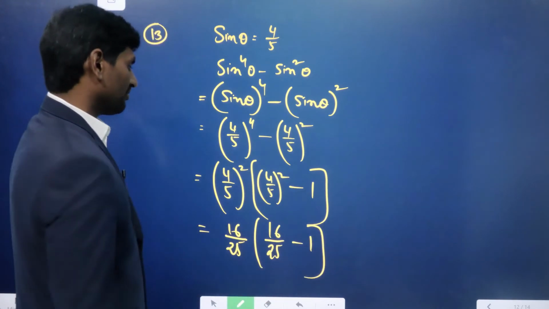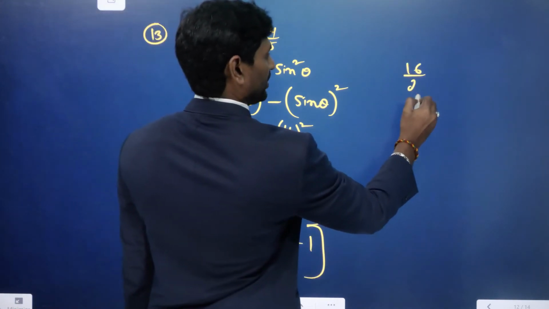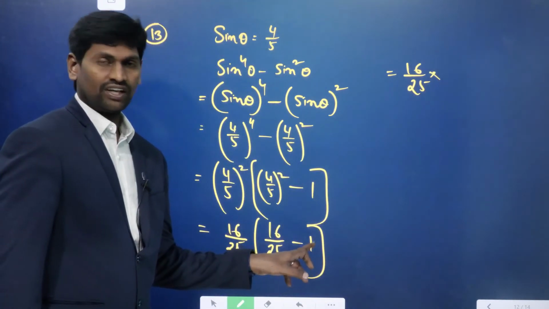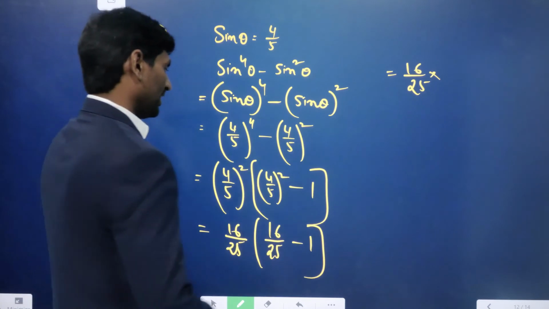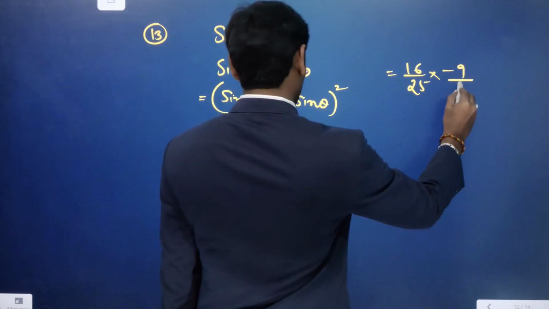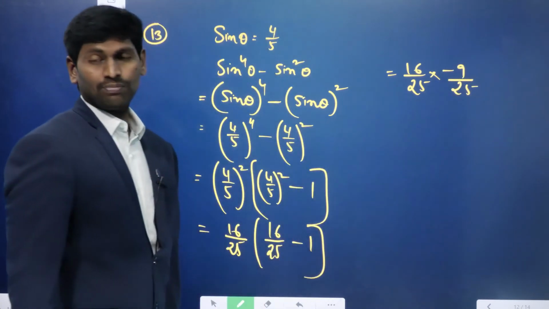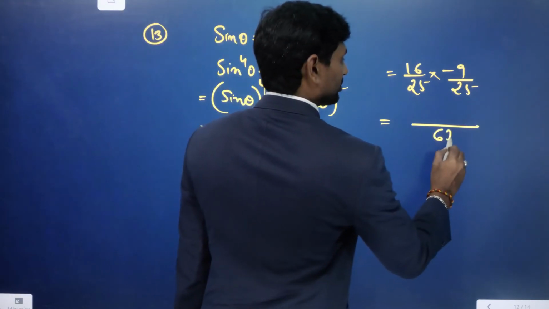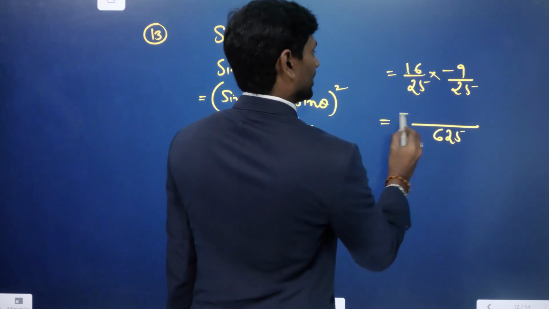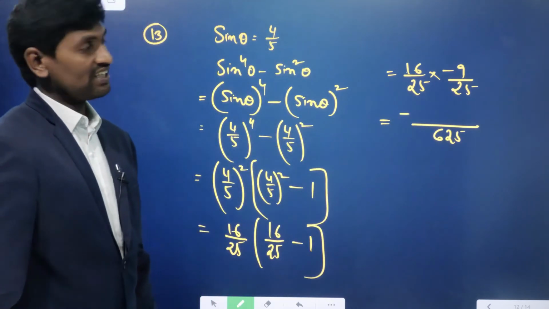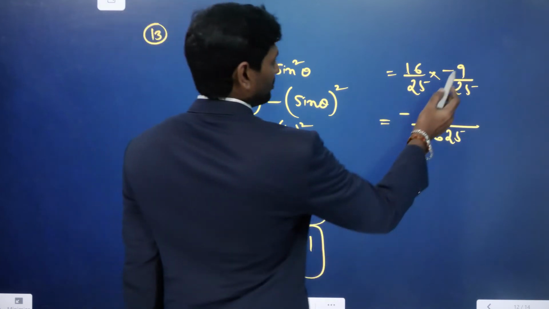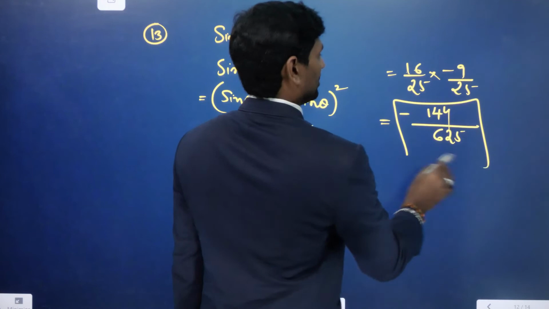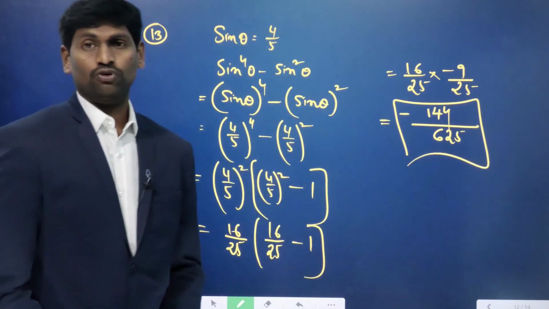It is looking like a mixed fraction, that is 16 by 25 minus 25 ones are 25. 16 minus 25 is minus 9. Minus 9 by 25. Now multiply, denominators both are same numbers. 25 25s are 625. Here plus into minus, minus. 16 nines are 90 plus 54, 144. So the answer is minus 144 by 625.